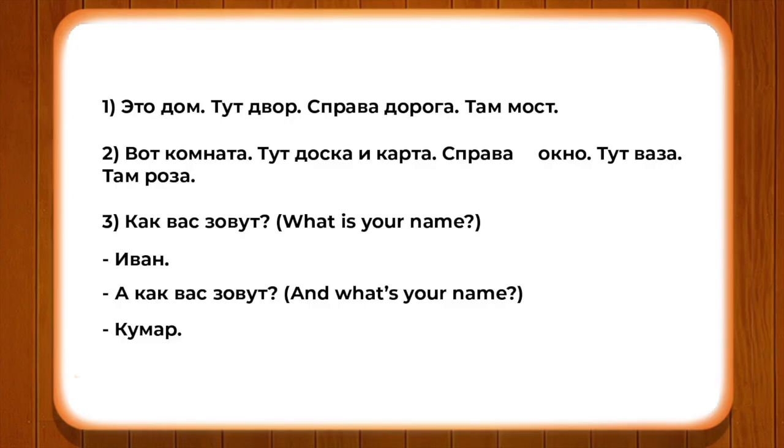We can also say "Menya zovut Ivan," but just to simplify the learning, we are just starting with the name Ivan. Ivan asks Kumar, "A kak vas zovut," and what is your name. Then Kumar, who is Indian, answers "Menya zovut Kumar," but here just to simplify the method we are saying only Kumar. So, you can also make your own sentences.